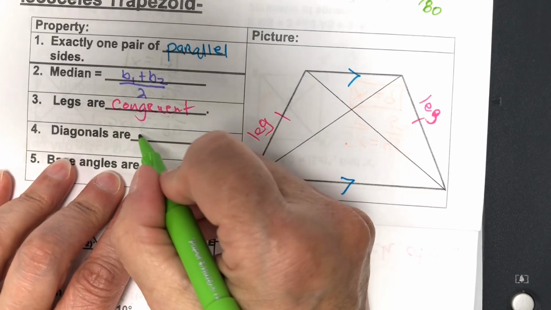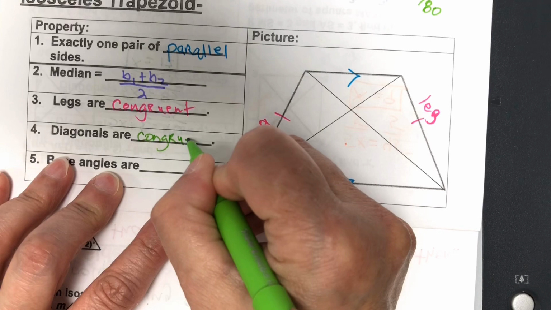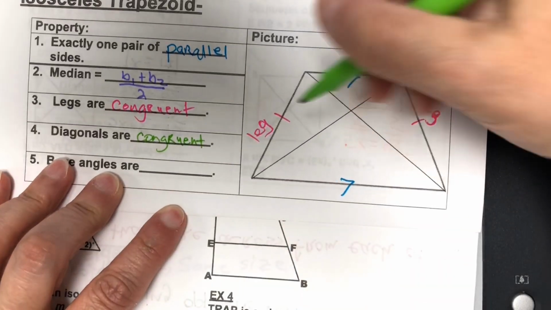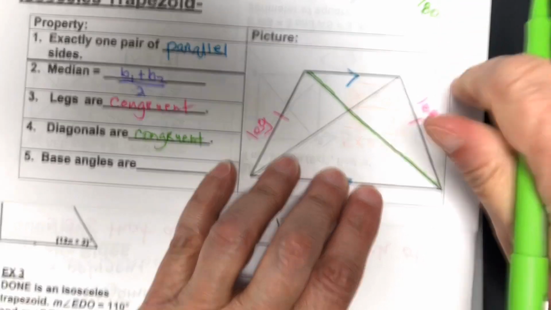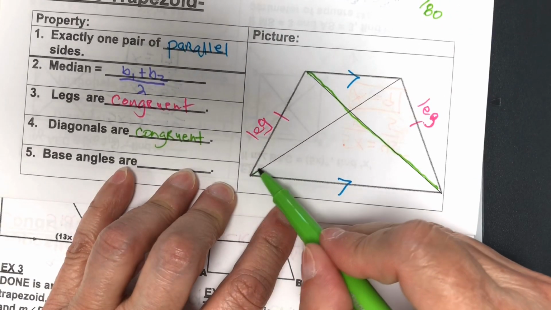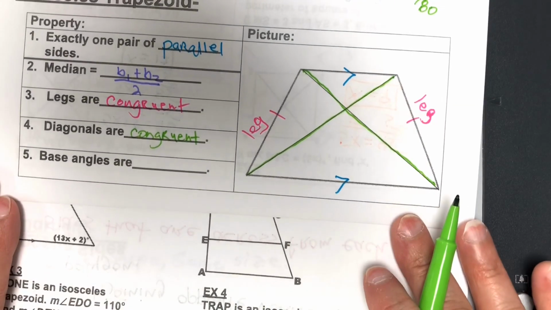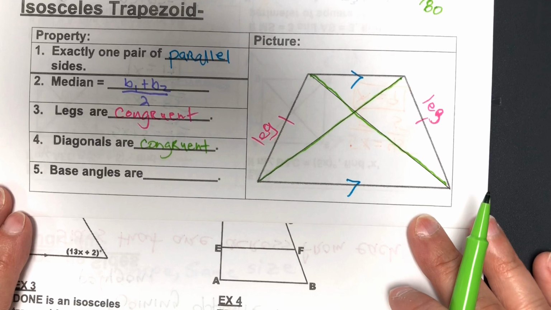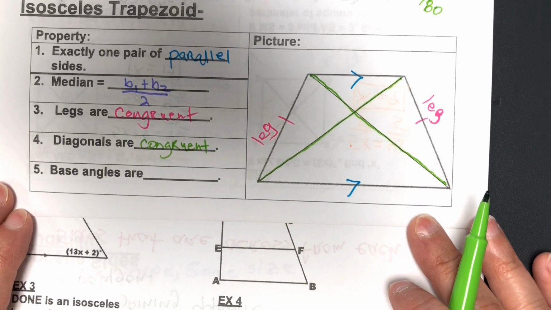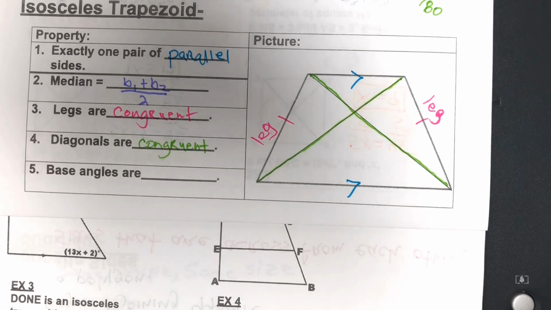Diagonals are congruent. Where are our diagonals? Right here. They are congruent, but they do not bisect each other. If they bisected each other, it would be a parallelogram, okay?